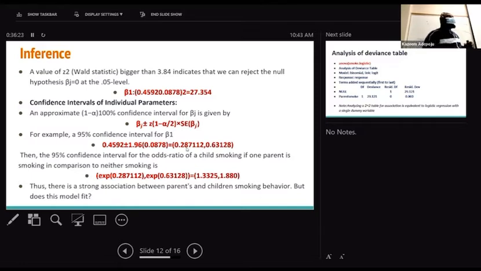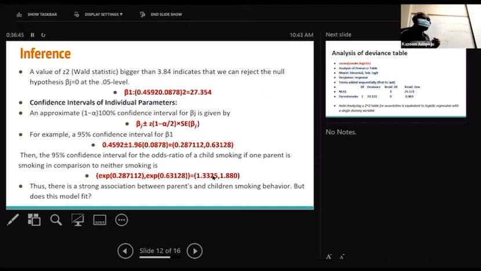If I now want to find the confidence interval for the odds ratio, what am I going to do? This one is for the log odds, right? I'm just going to take the exponentiation of each of these, and that will lead to this. Now, what am I trying to say?